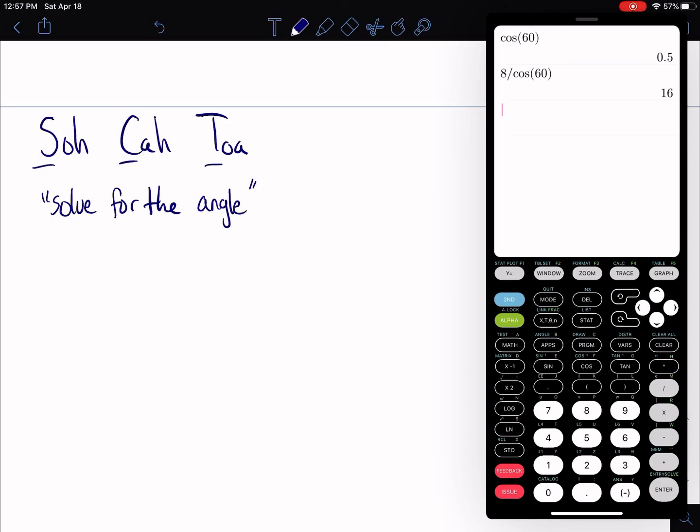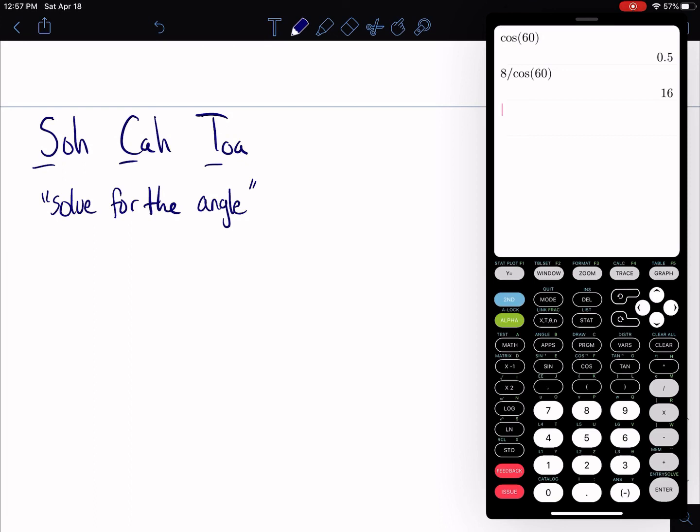Okay, so when we're solving for the angle, if you look at your calculator, you'll notice that the three buttons go across the middle: sine, cosine, and tangent. You'll notice that above them, depending on your calculator, the color might be slightly different, but it should be blue for most of us using a TI product.